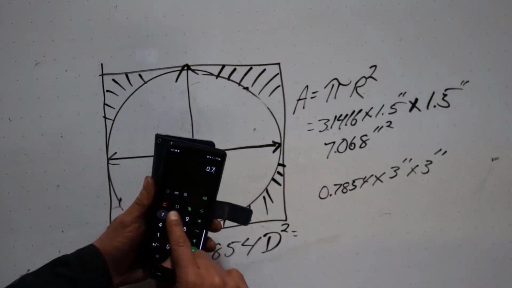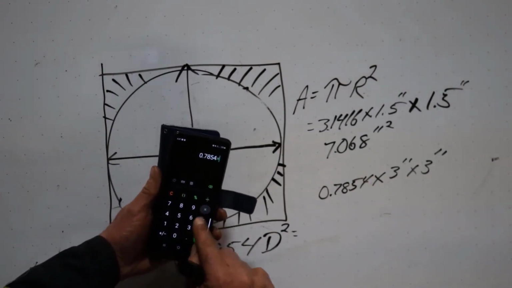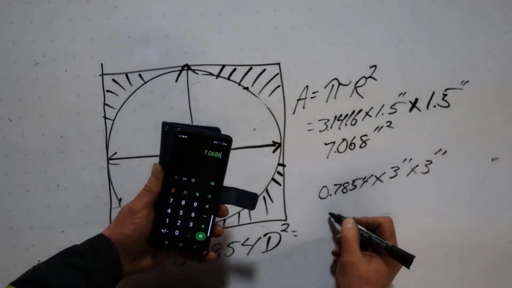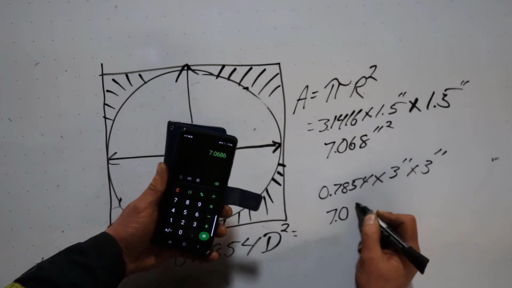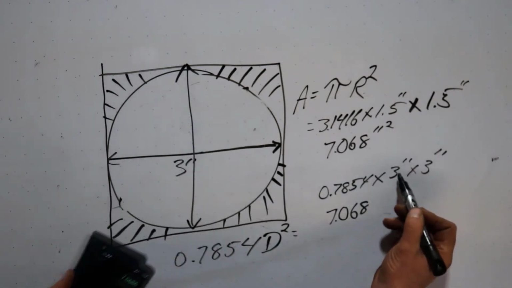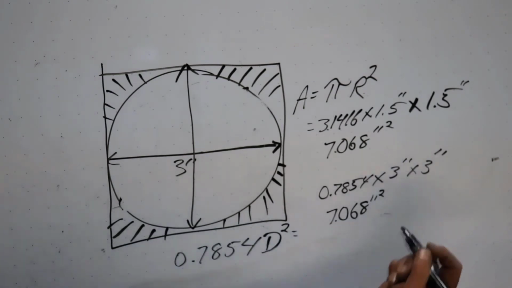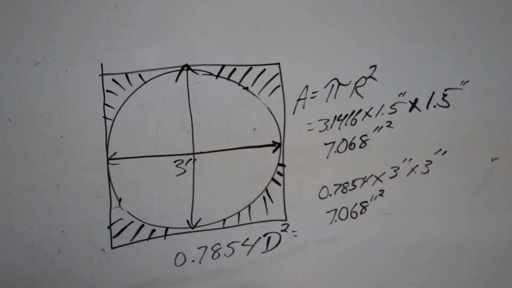So 0.7854 times 3 times 3 equals 7.068 inches squared. So we came up with the exact same number. So it doesn't matter which way you like, if you prefer this 0.7854 times diameter squared, or you prefer this pi, we come up with the same answer.